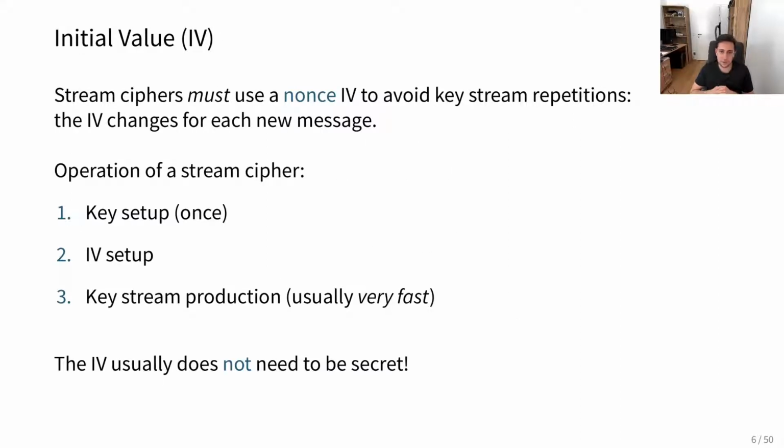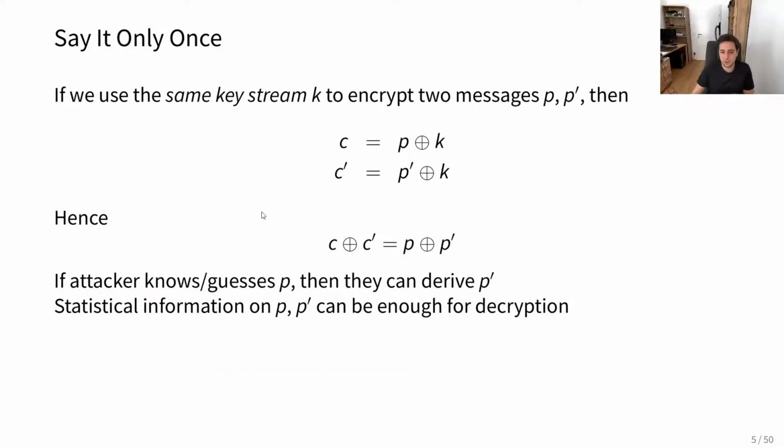This can be avoided, and maybe you've already heard about this term, an IV, an initial value. The idea is that we not only use the single key, which we don't change between the 2 encryptions, but we also use some public IV value, which is different in these 2 encryptions. This results in a different key stream, but the short key still remains the same, and we cannot set up this relation here.